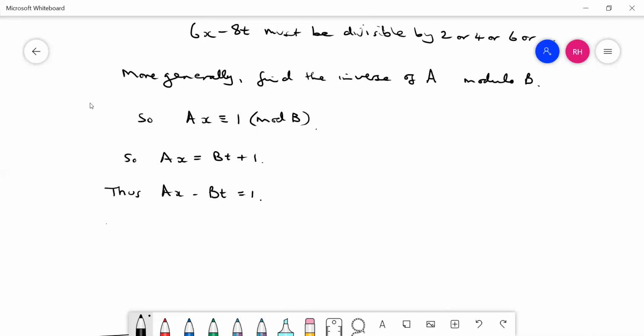Now, recall, or you may not be aware of this at all, there's an identity called Bezout's identity, and it depends exactly what you regard as the identity and what you regard as flowing from it.